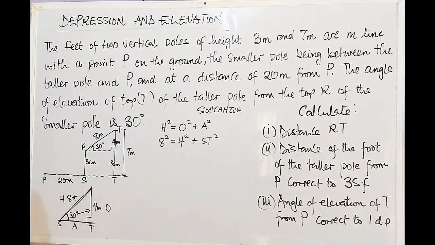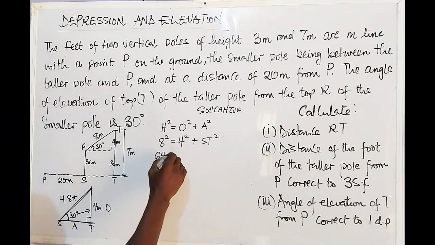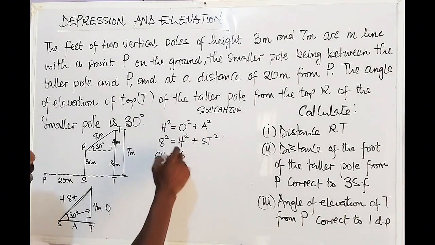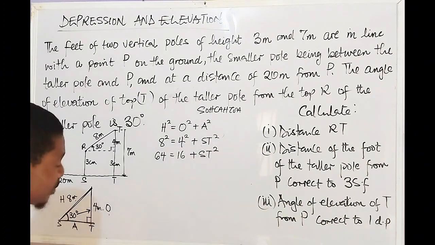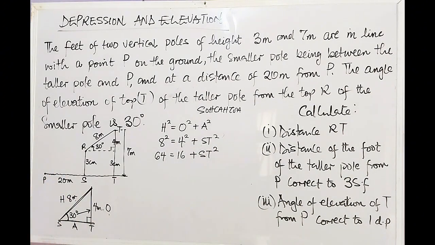ST squared. Now this is 64 because 8 times 8 is 64. Now this one will be 16 because 4 times 4 is 16, plus ST squared. Okay? Alright, so to this end, let us subtract 16 from both sides.